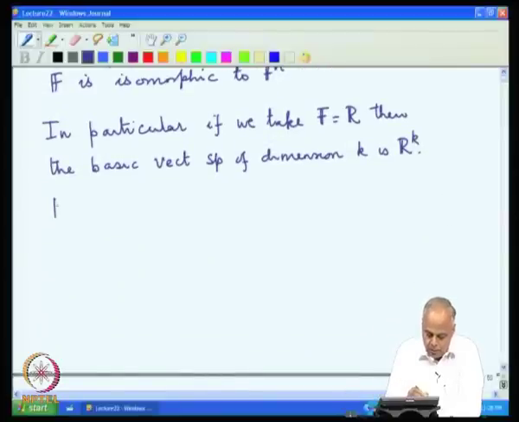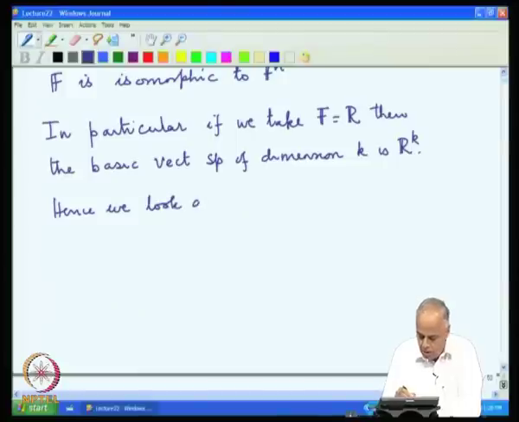So, hence we look at R^k in more detail.